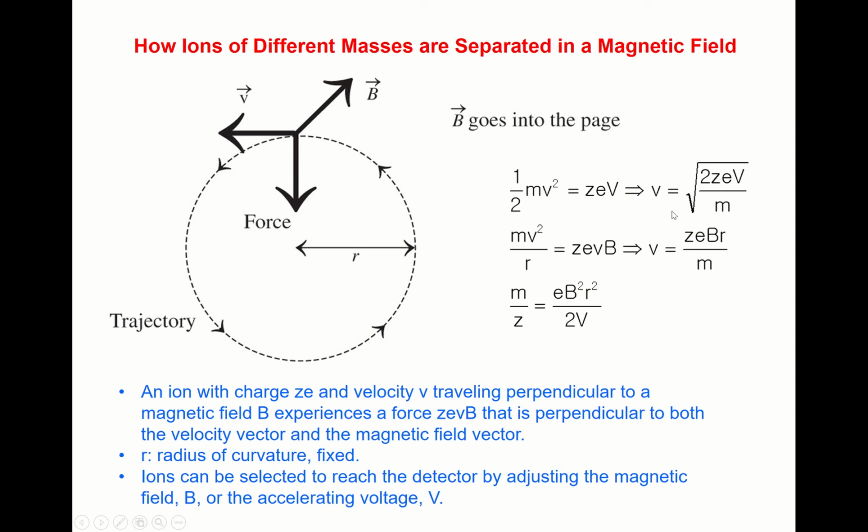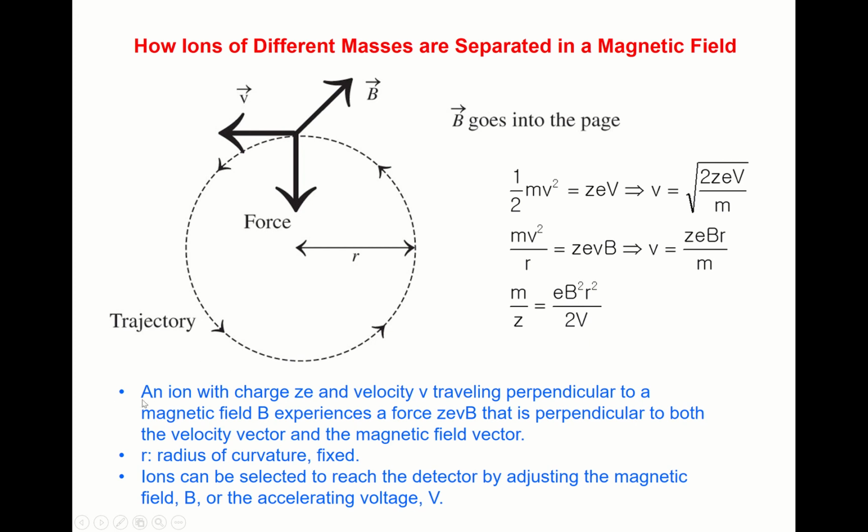These two velocities must be equal, and here we get the mass-to-charge ratio. It is given by the electron charge and the magnetic field intensity squared, the trajectory radius squared, divided by 2 and the acceleration voltage.